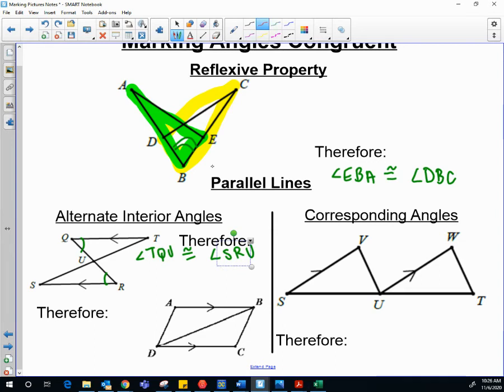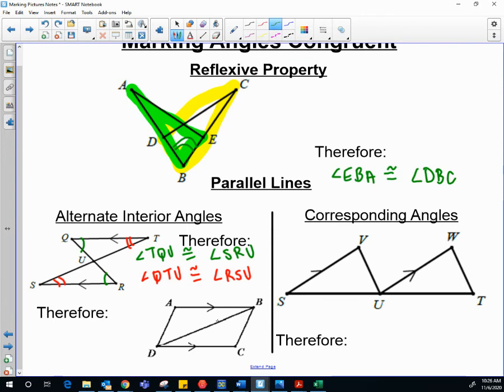But in this figure, there's also another set of alternate interior angles here. And so then now we can name angle QTU. So again, remember we changed the order because the vertex needs to be in the middle. Is congruent to angle, and let's call that RSU. Okay, so in that figure, you'll see those alternate interior angles.